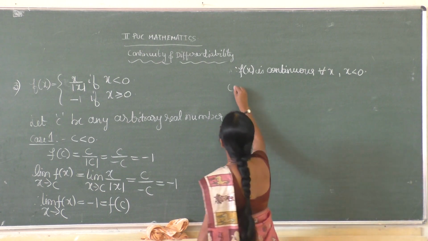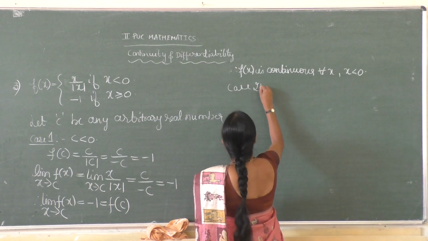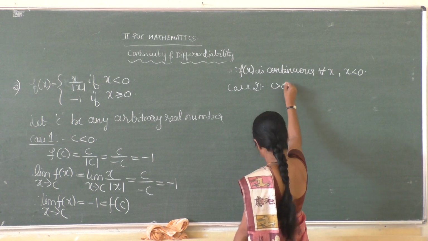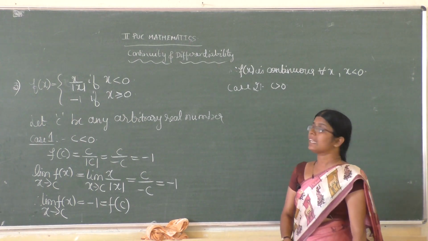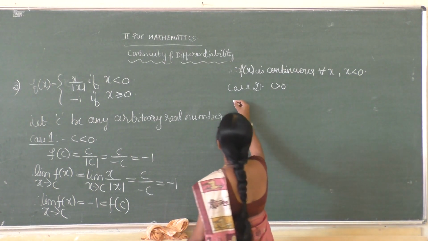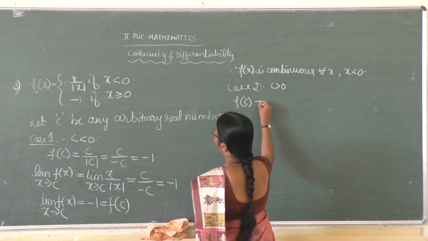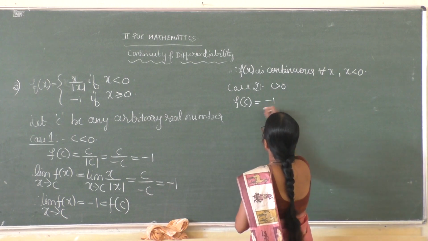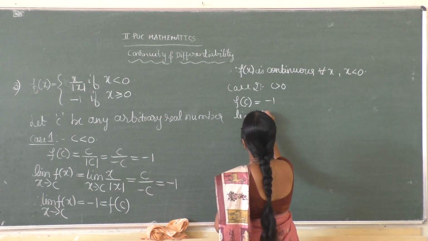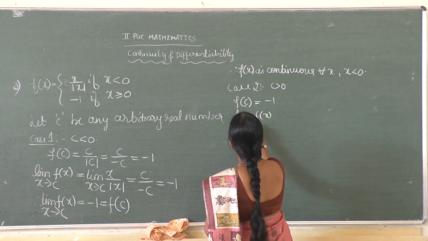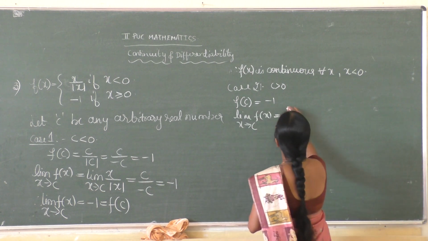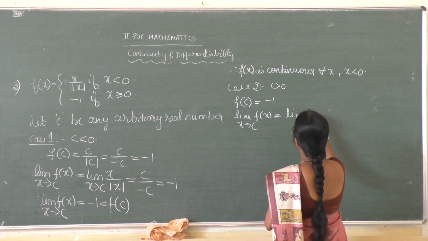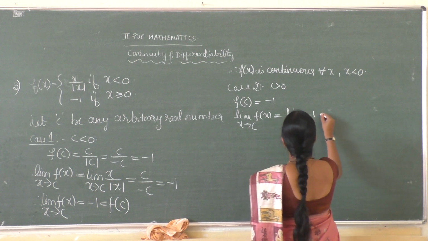Case 2: c greater than 0. Here f of c, when c is greater than 0, becomes minus 1. The limit of f of x as x tends to c equals the limit of minus 1 as x tends to c.